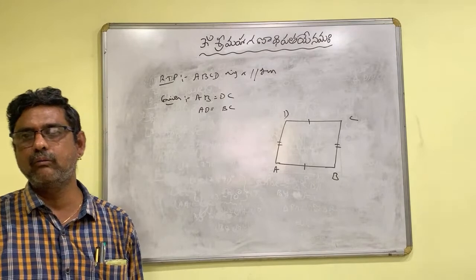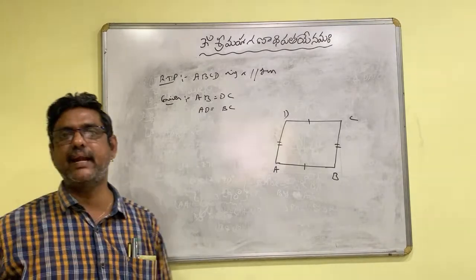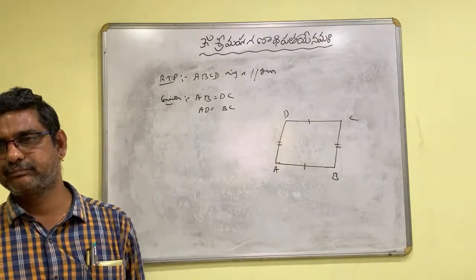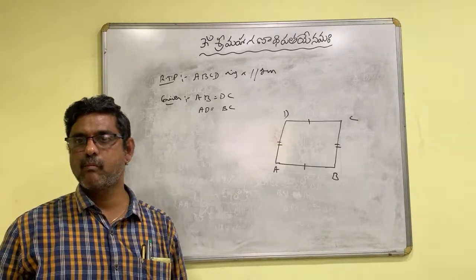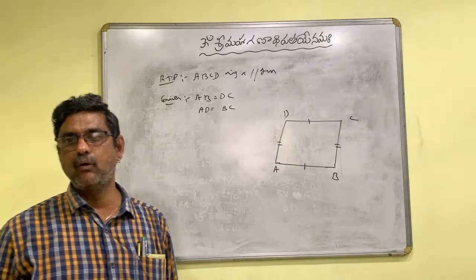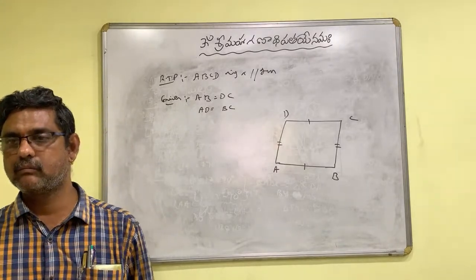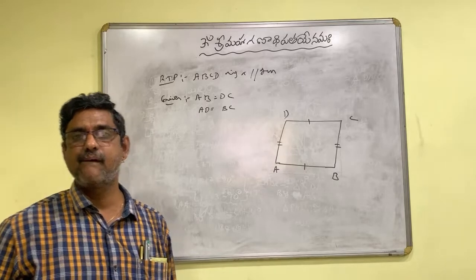We need to prove ABCD is a parallelogram. How? How to prove it?